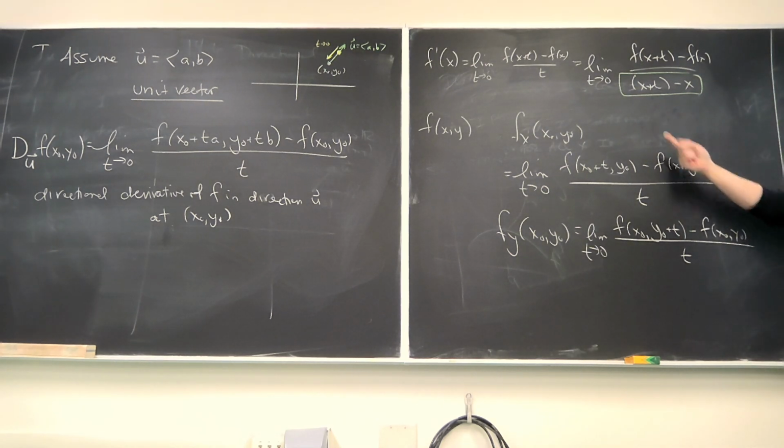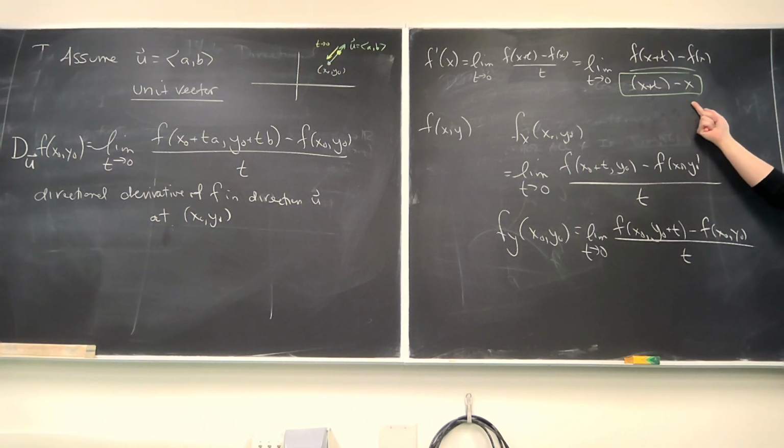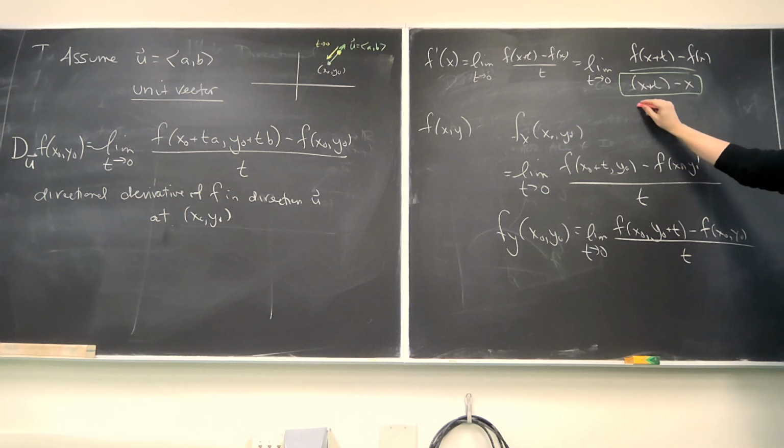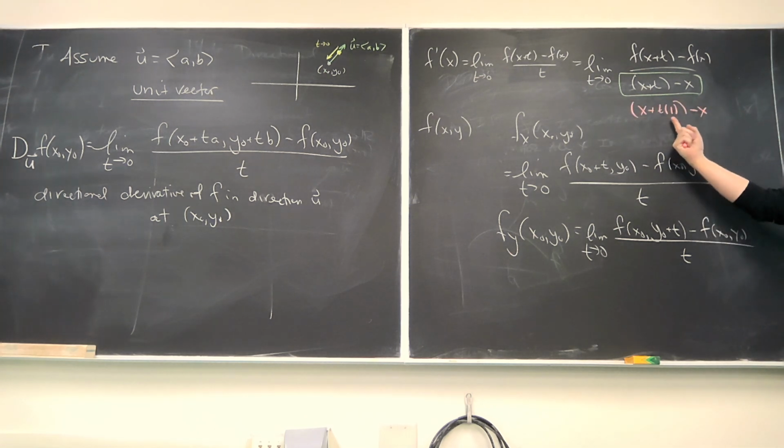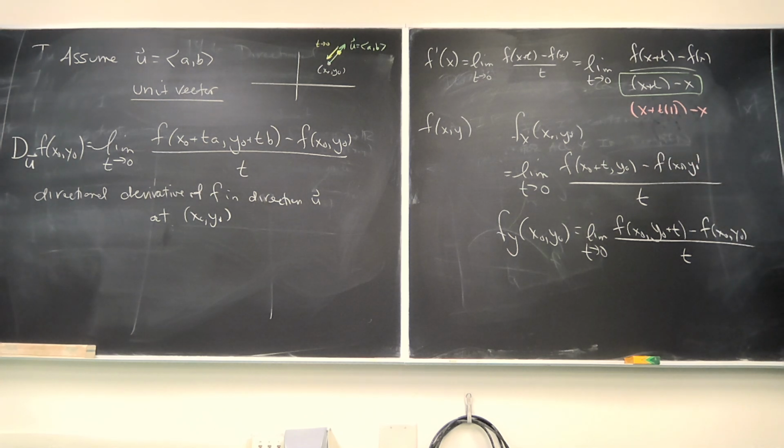One way of thinking about this expression is x plus t times the number 1, minus x. So this is basically a scalar times the unit vector 1, and we're asking how long the distance between those things is. It's t. T scales us back down.